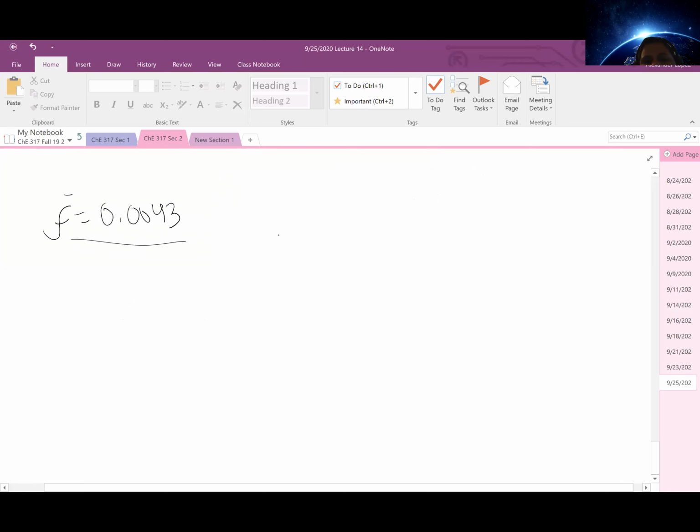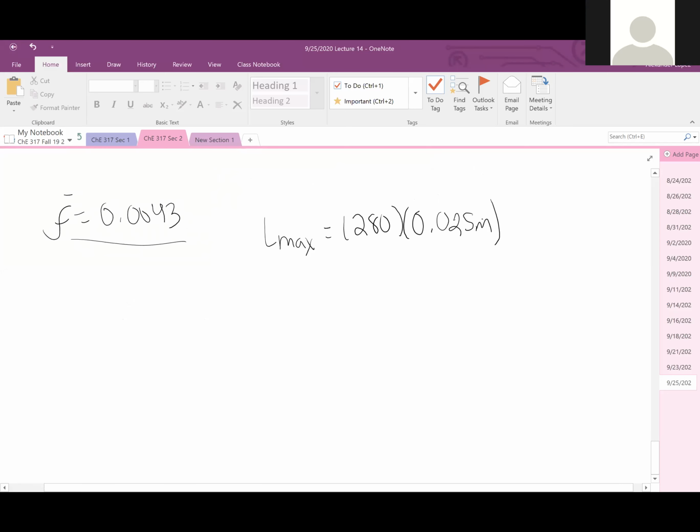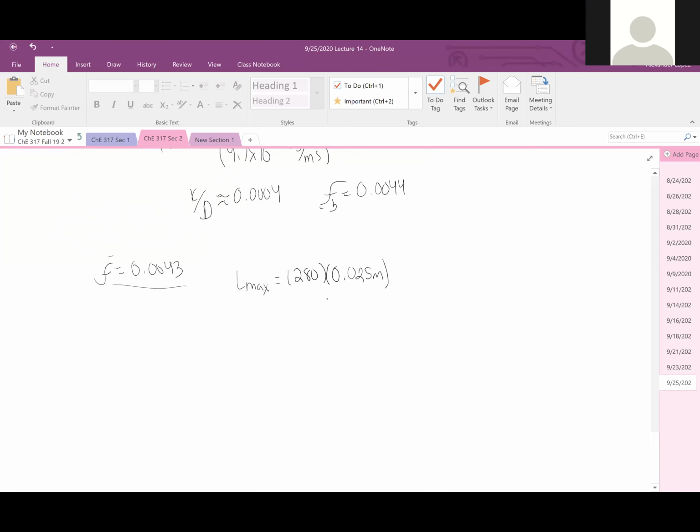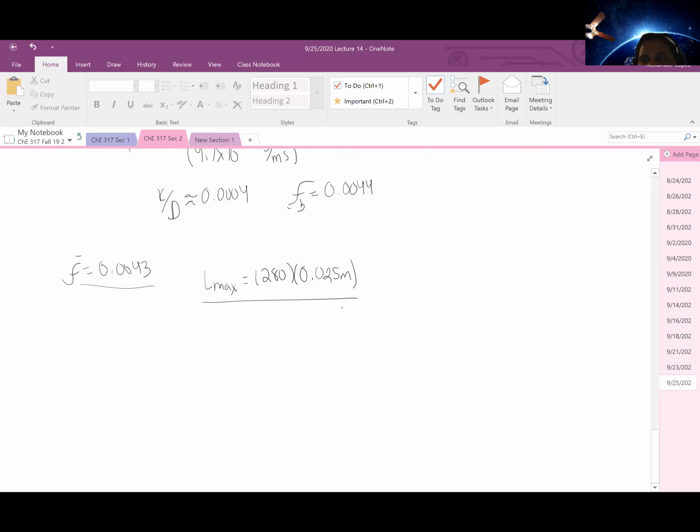And so L max is now 280 times 0.025. Can you zoom out just a little bit? Yes. Divided by that new friction factor, 0.0043. Let me clean this up.